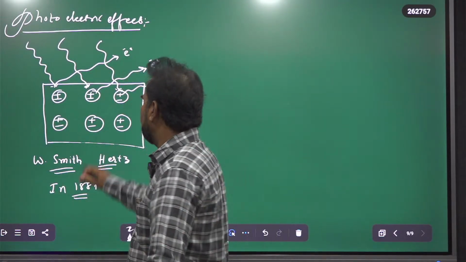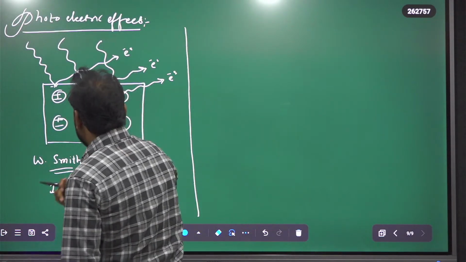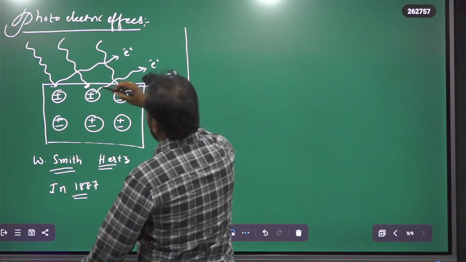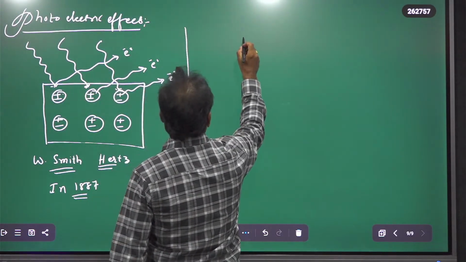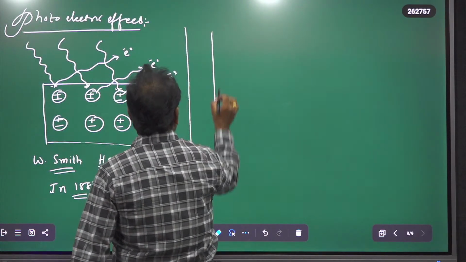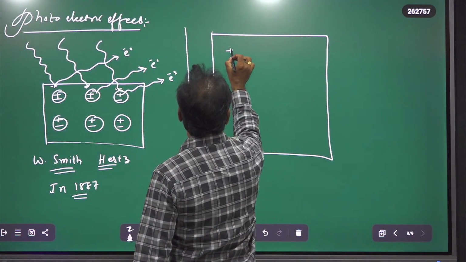Here I am considering the metal, which consists of positive and negative ions. The metal consists of so many atoms like this.